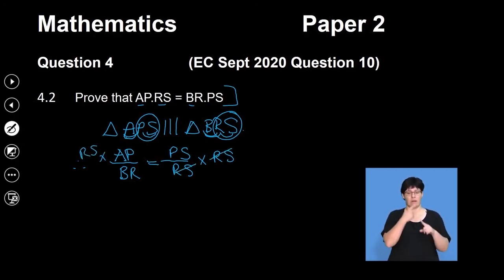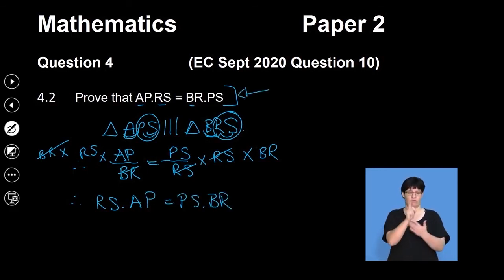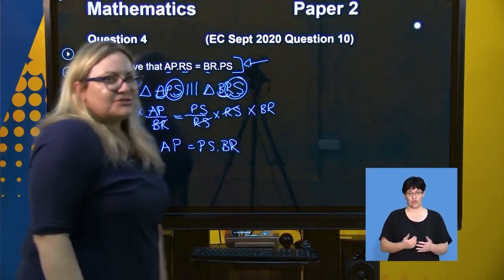And then we can also multiply both sides by BR. So effectively, we're just eliminating both of those denominators there. So the BR cancels with that on the left. And then finally, we have RS times AP is equal to PS times BR, which is exactly what we were asked to prove.